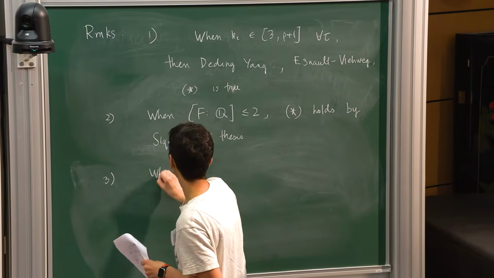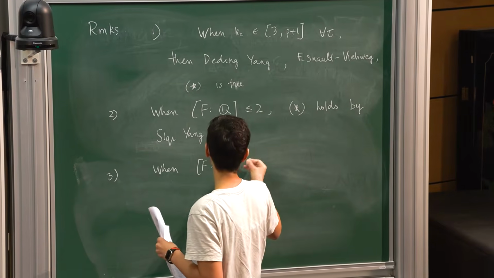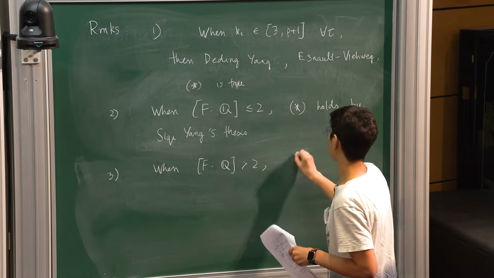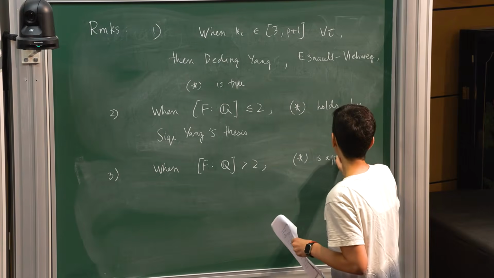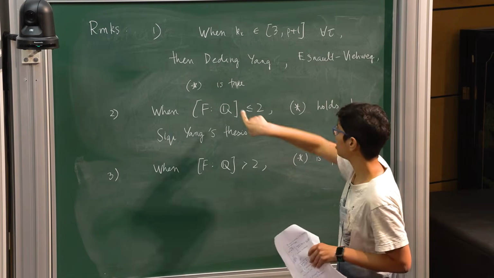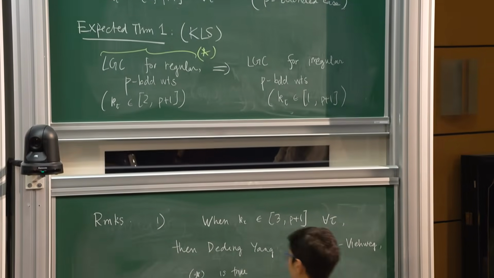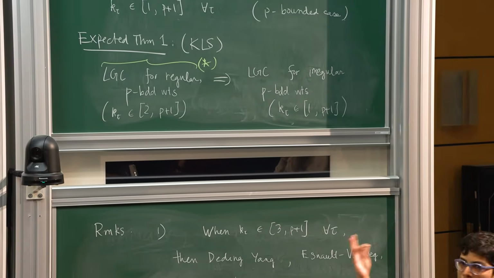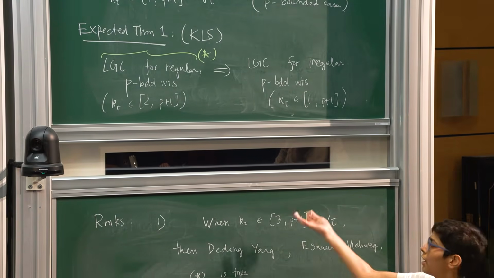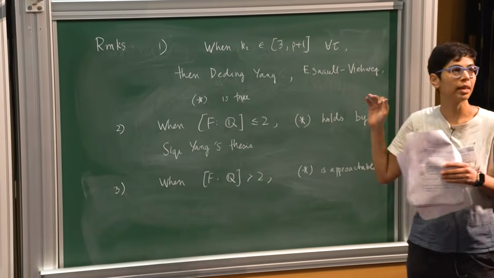In particular, she proves something much more general, but its application to local global compatibility is to these regular p-bounded weights in this case that F is a quadratic extension of Q. We believe that when the degree of F over Q is general, so bigger than 2, this is approachable. Essentially, the point is that the difficulty in going from 3 to weight 2 is in some sense very related to the difficulty in going from 2 to 1. So you don't have lifting to characteristic 0 that Deding-Yang's results along with Deligne-Illusie or Nakano-Viehweg give you.